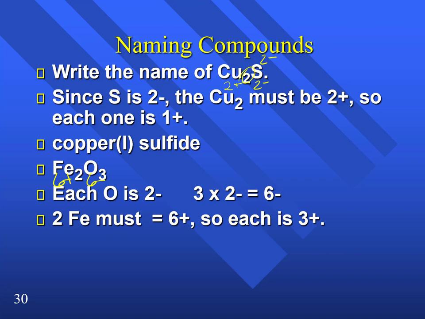How big is each iron? 3. Take the total charge, divide by how many pieces you have. So the name of this is iron 3 oxide. Reasonable?